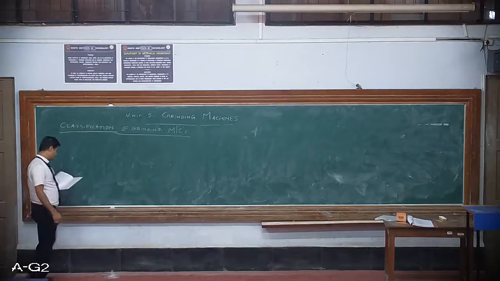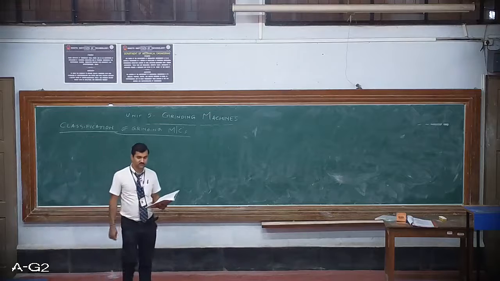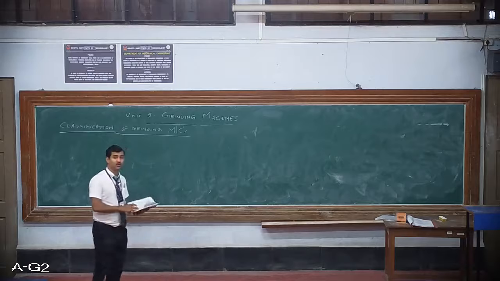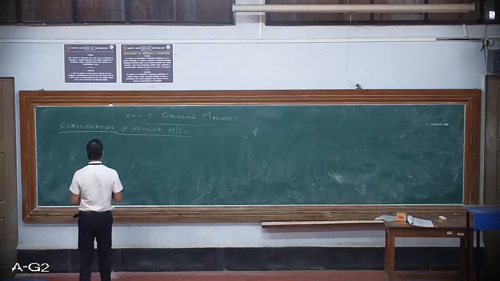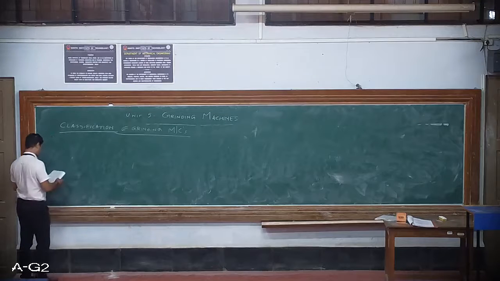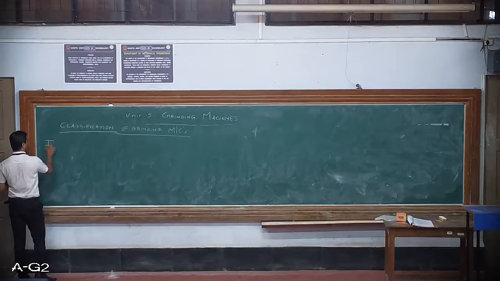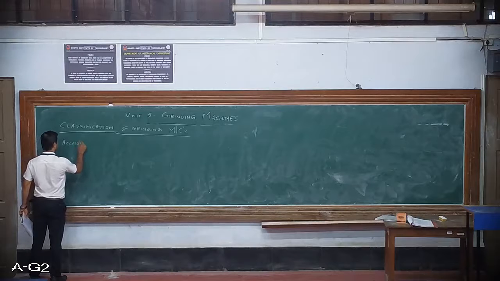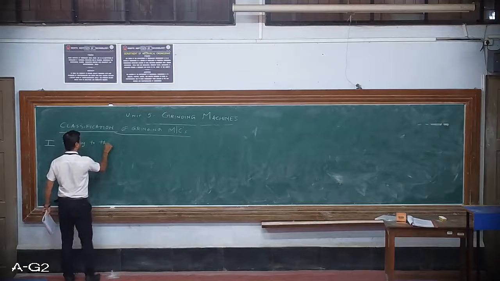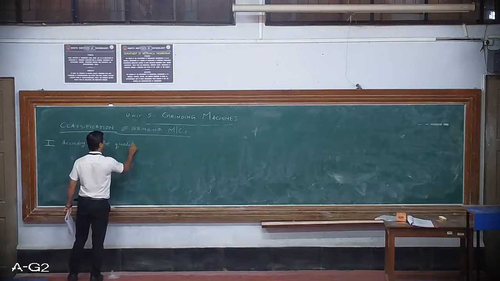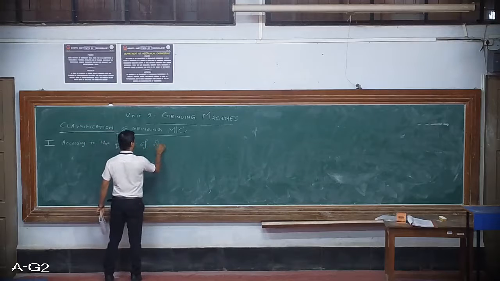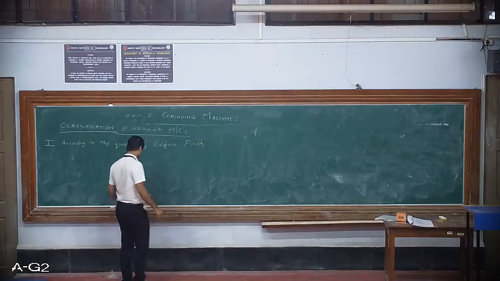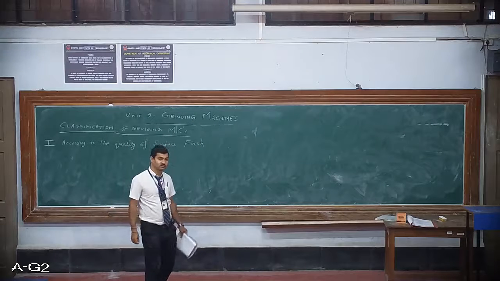Based on two types, the classification of grinding machines has been decided. So what are those two types? Let us list and note. First one, according to the quality of surface finish. Okay, so first classification is according to the quality of surface finish.